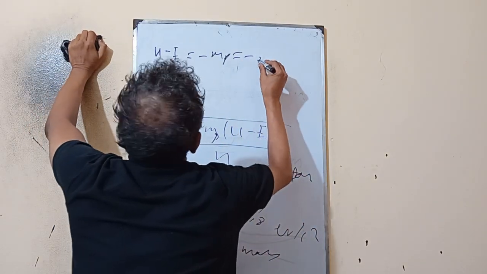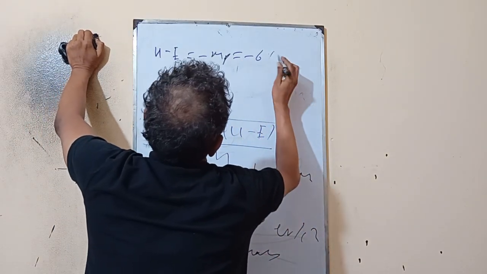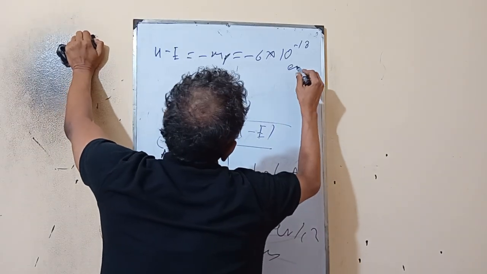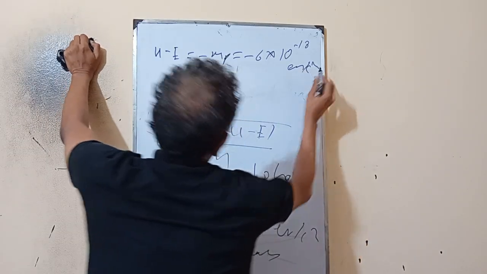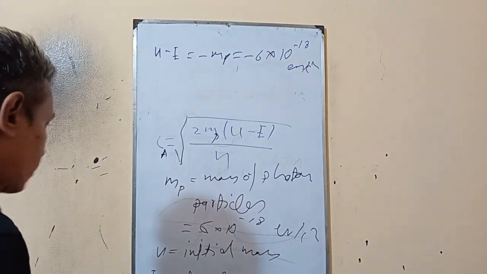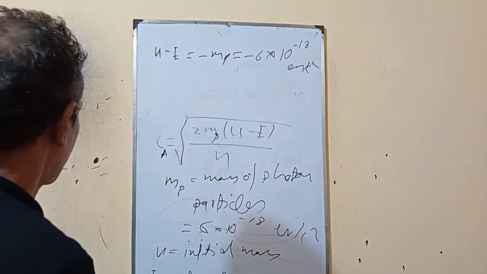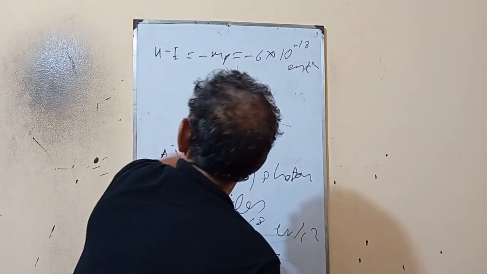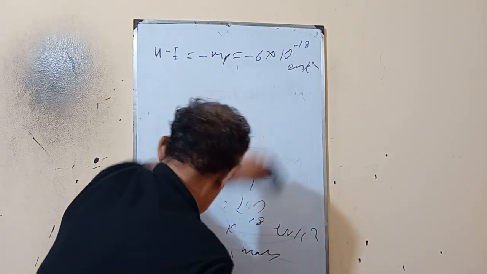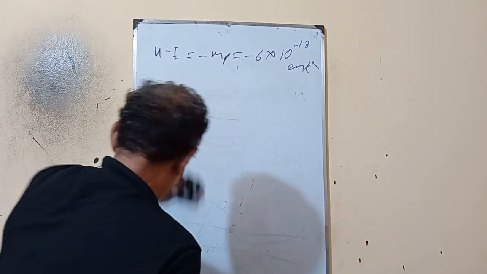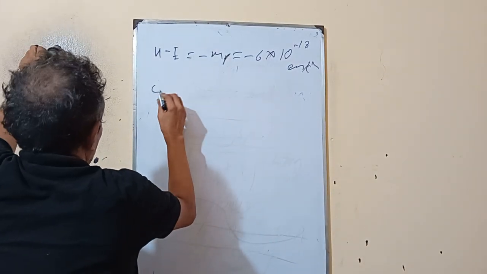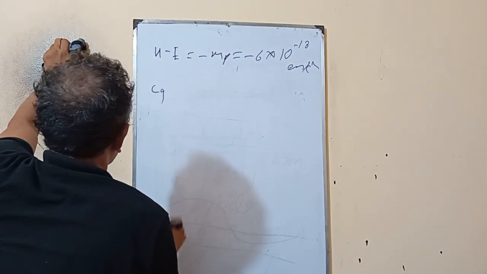Minus 6 into 10 to the minus 18 eV c square. U minus E. Okay. Now we have to discuss CZ.